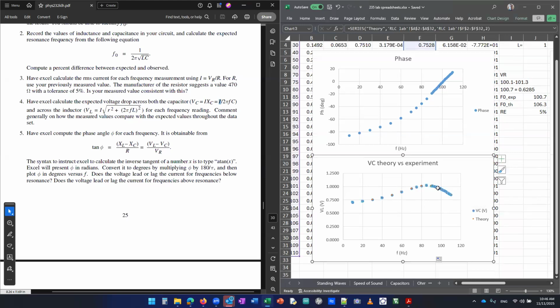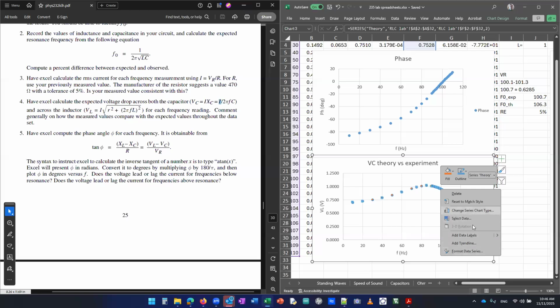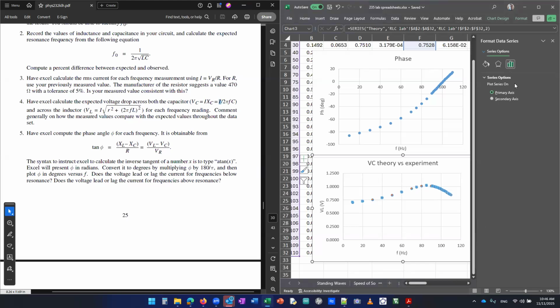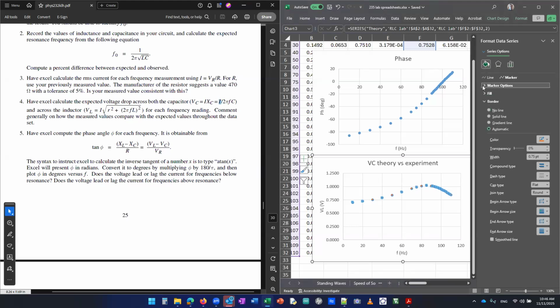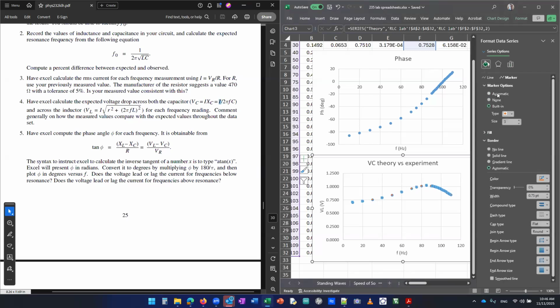So if you really want to do that, you need to right click on the orange dot, go to format data series, then go to fill and line, and under markers, you can go to marker options. Instead of automatic, make sure it's built in, and you have the dots.